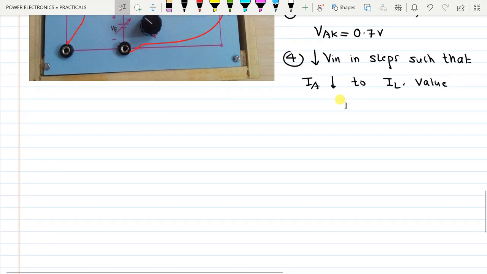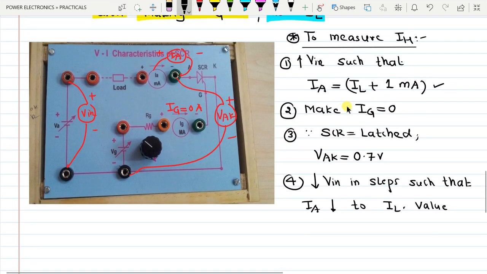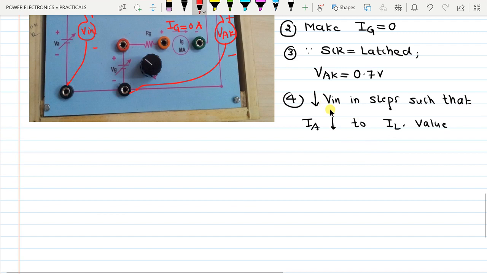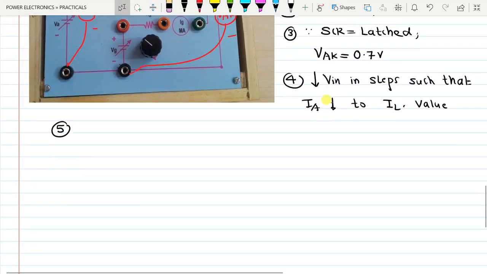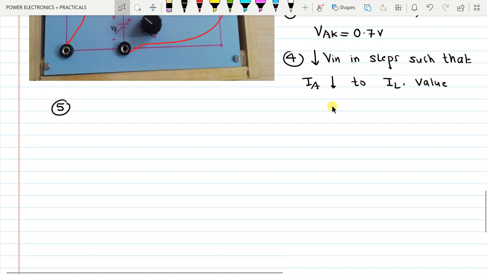Okay. So now what is the condition? IA is now equal to latching current. Now fifth, the status is that now IA is equal to IL.